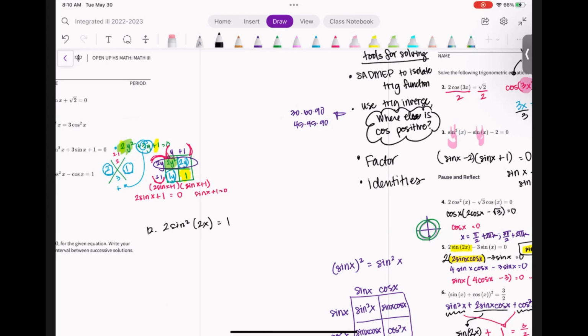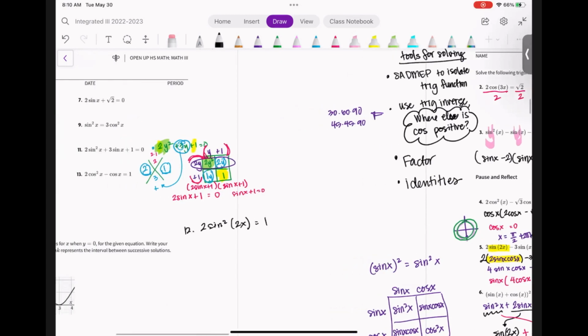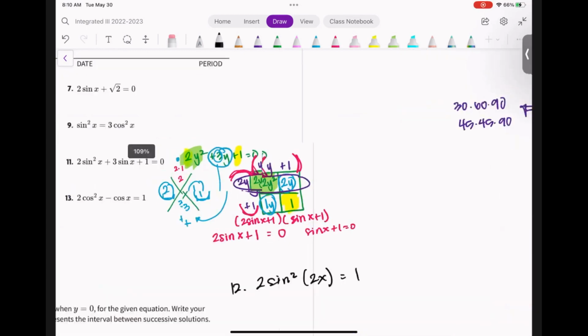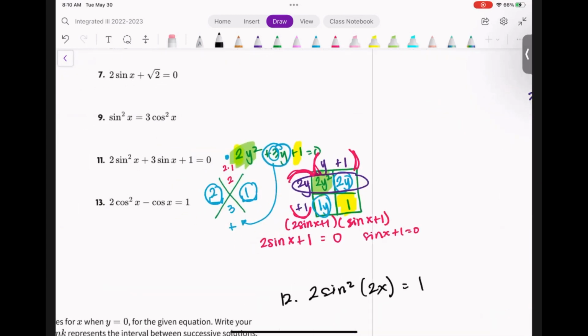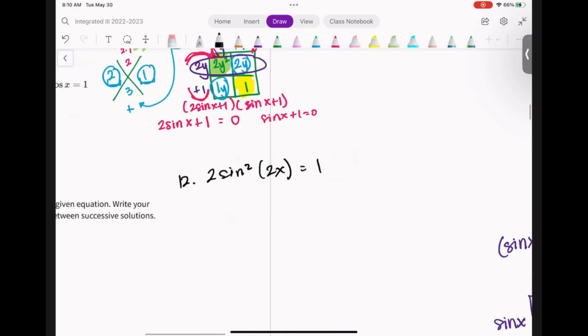Some of you are saying, but it has a sine squared. Yeah, but it doesn't have another separate term. Look at number 11: that would definitely be a factoring one because you have sine squared and you have sine. For number 12, we just have sine squared, so this is definitely going to be a SADMAP.